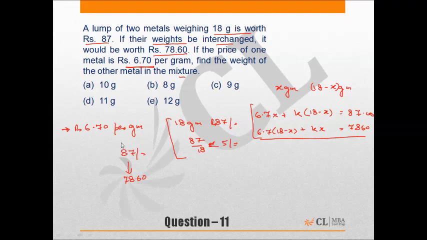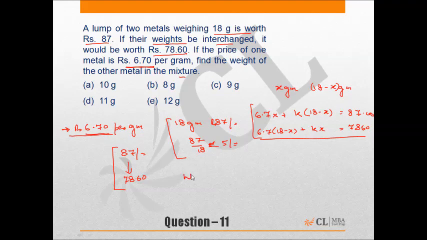Price will reduce because the more expensive item, its weight has been reduced. So just to repeat, the value has reduced from 87 to 78.6 because the weight of the high priced item has been reduced. Or in other words, originally the weight of the high priced item was more.